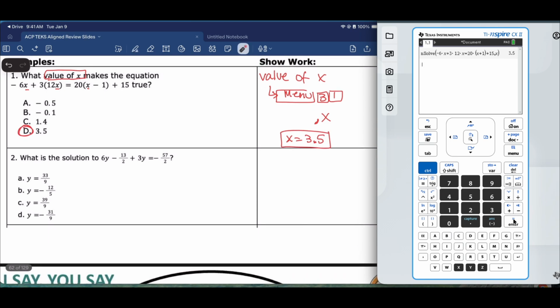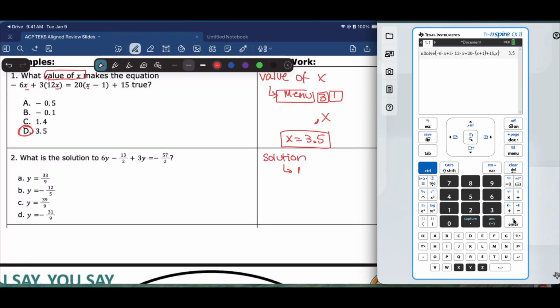Now, my next question. What is the solution to? Solution is my important word. And when you see the word solution, you're also going to think menu 3, 1. Both of these words mean menu 3, 1. But in this situation, I'm looking for y. So I'm going to do comma y.